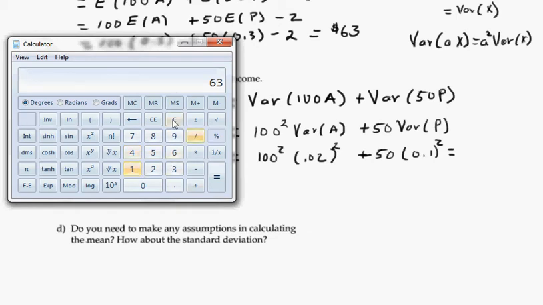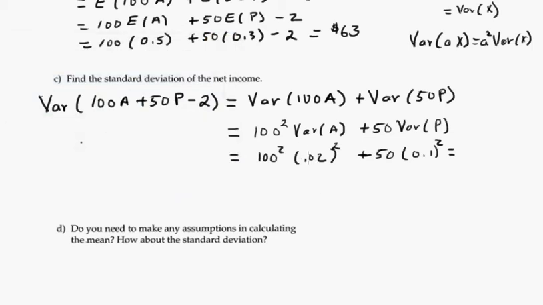So 100 squared times, I did that wrong, didn't I? This should be 0.2 right there.